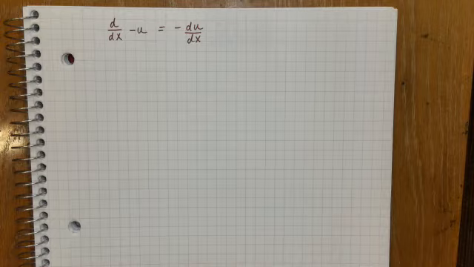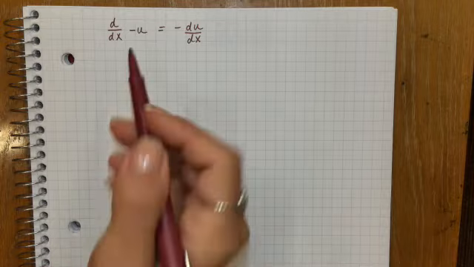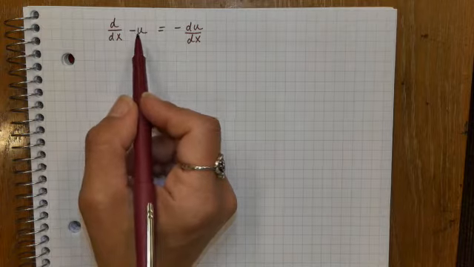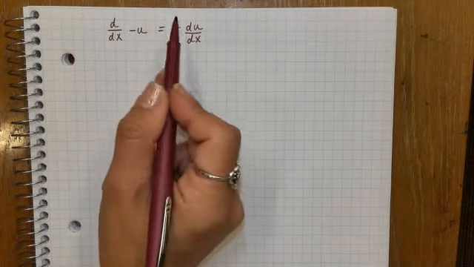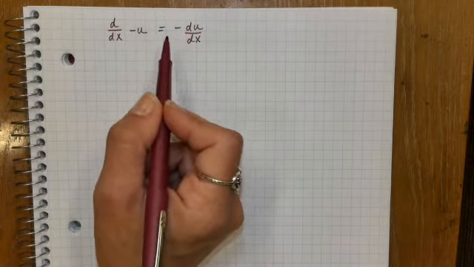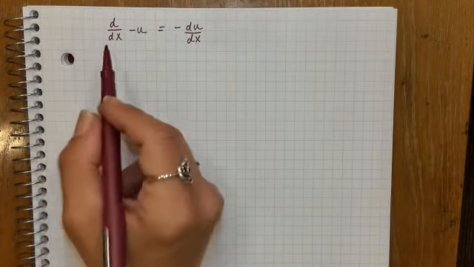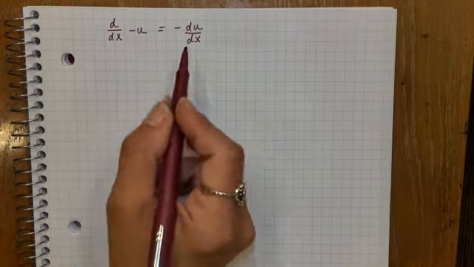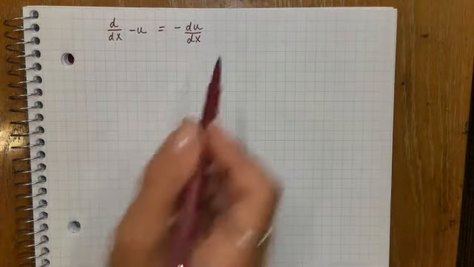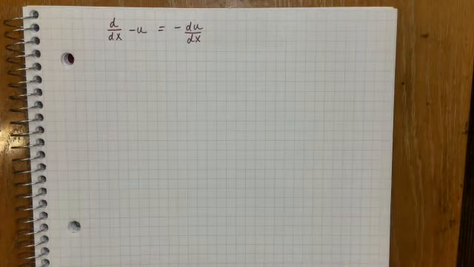Okay, so we want to prove this is true. So essentially, we want to show that when you have a constant multiplied by the function, it's the same thing as the negative derivative. So the derivative of a negative function is the same thing as the opposite of that derivative. Okay.